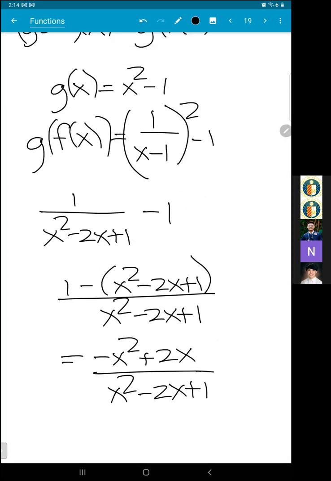Okay? So let's answer. What's the domain of the composition f of g? Anyone? What's the domain of that? Actually, you need not look at the simplified form.